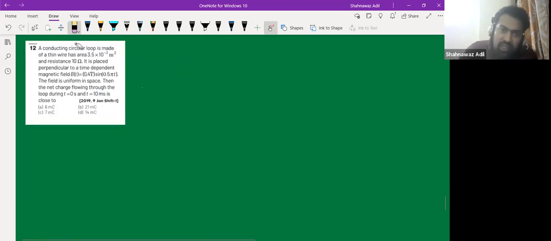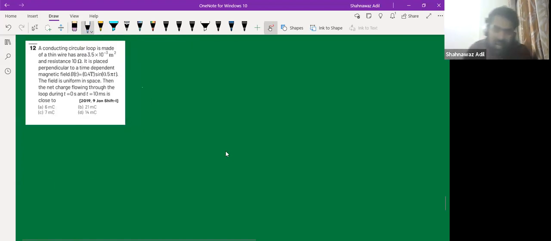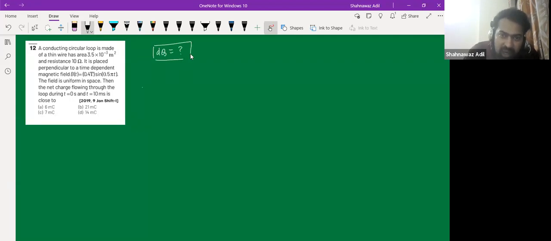Yeah, it was correct. And in this question, we had to find the net charge, right? The net charge they wanted us to find. So how can we find that net charge?